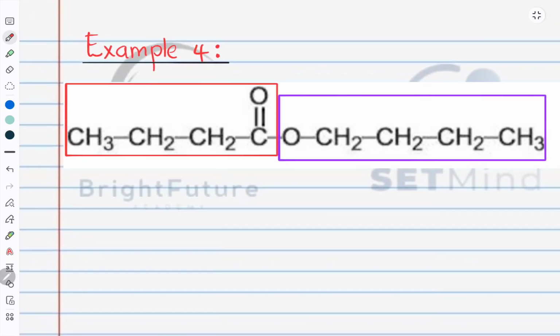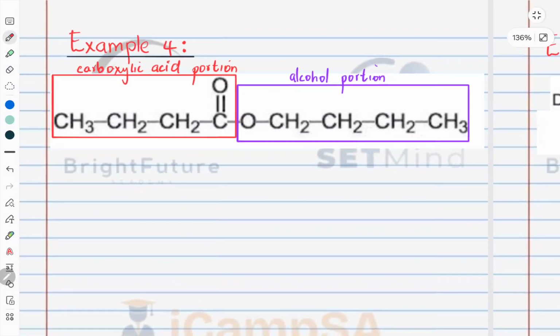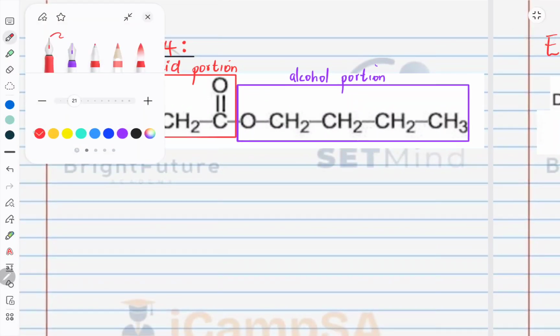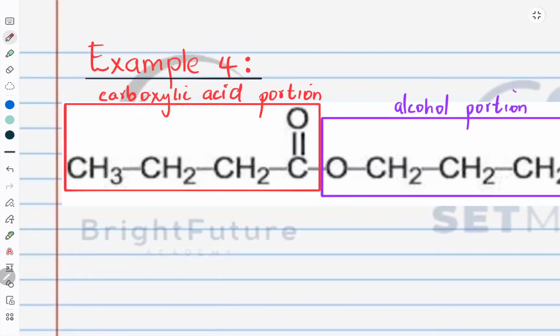All right, so for the carboxylic acid portion, remember what was once a carboxylic acid of, let me see, 1, 2, 3, 4 carbon atoms, this would have been a butanoic acid.